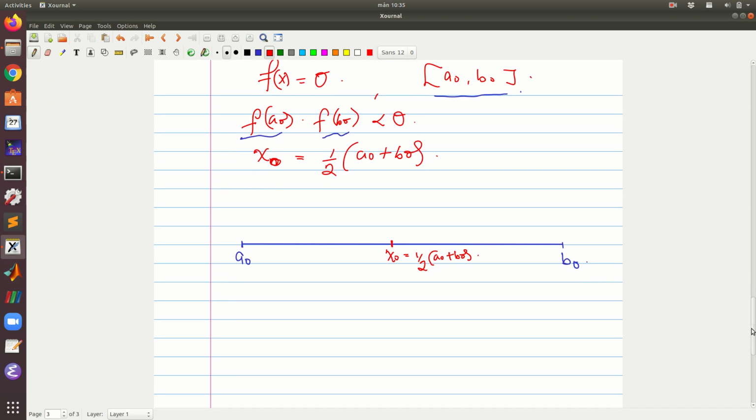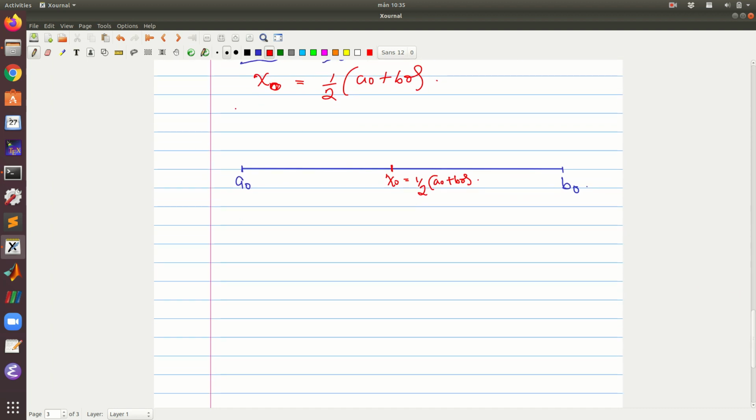That is x0. So for the next root, x1, we are going to check for two things. The next root x1 could lie in either this interval a0, x0, or in this other interval, x0, b0.